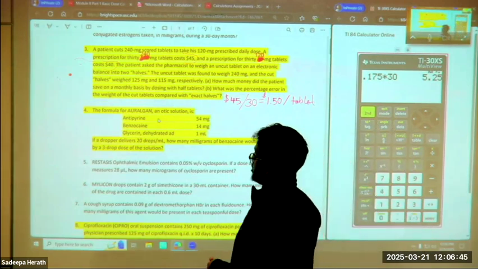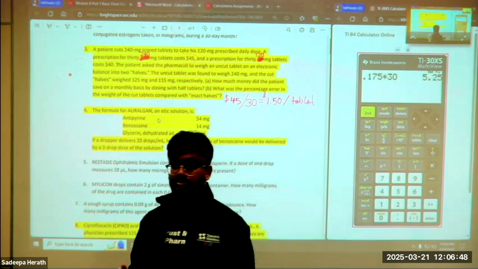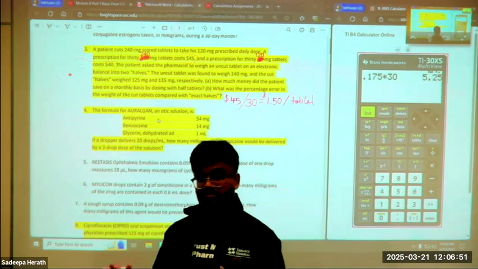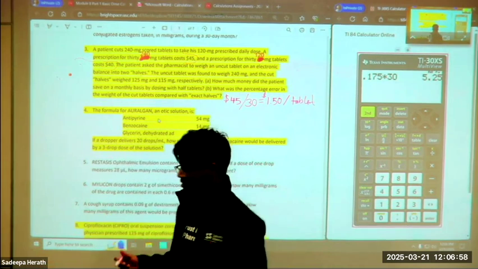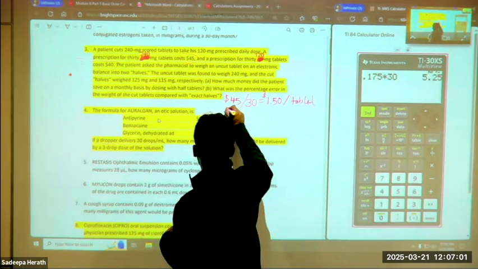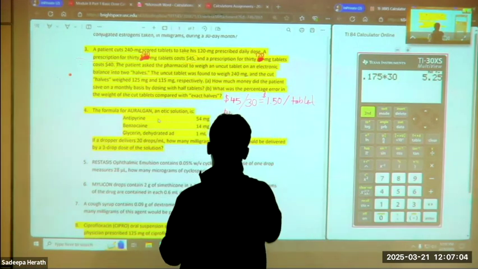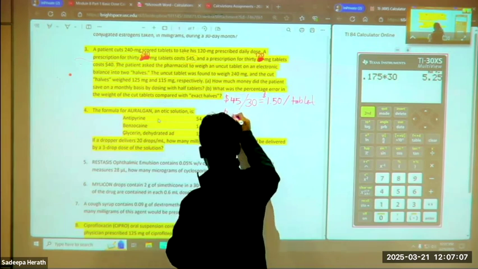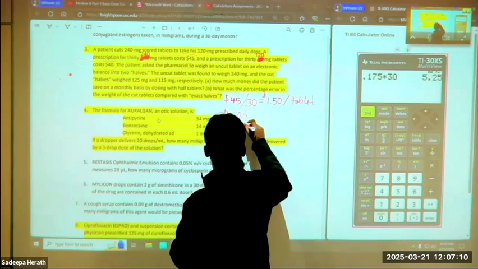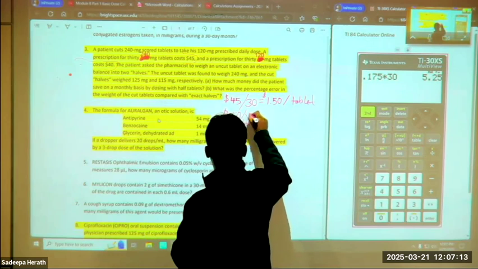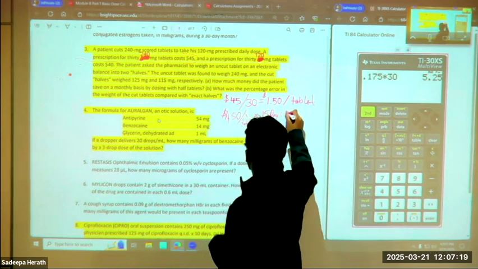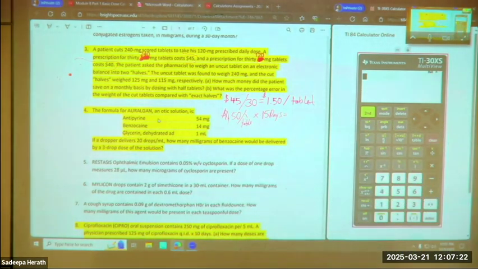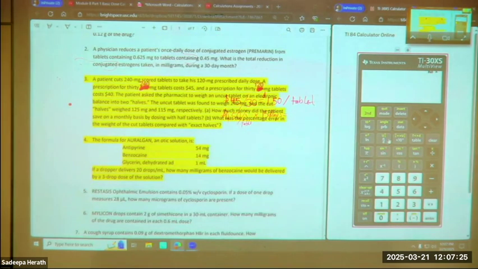Now we need to know how much it's going to cost for 15 tablets. Why do we say 15? Because we're splitting these tablets, and that's going to satisfy the 30-day supply, since we have half a tablet per day. So $1.50 per tablet times 15 tablets.